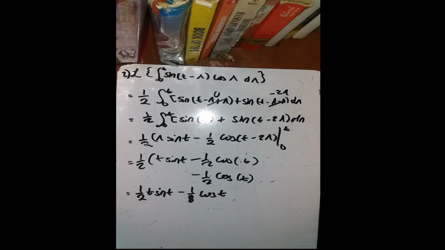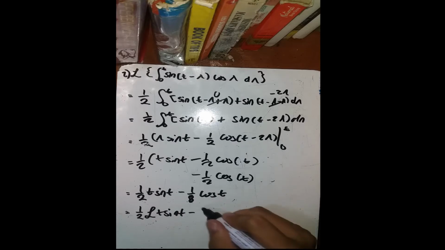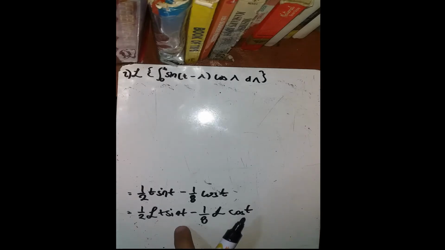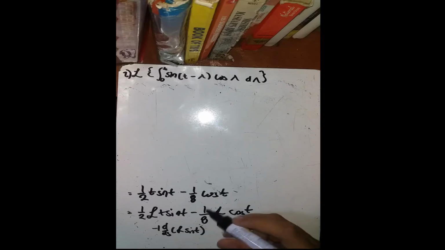So this is not the final answer yet, so you have to Laplace transform this equation. So you have 1/2 Laplace of t sine of t minus 1/8 of Laplace of cos t. Okay, here we can use your table. So we have negative 1 d over ds times Laplace of sine t. You know that Laplace of sine t is just 1 over s squared plus 1.